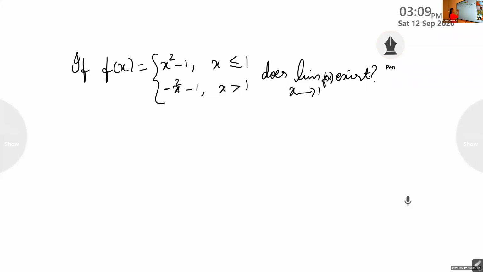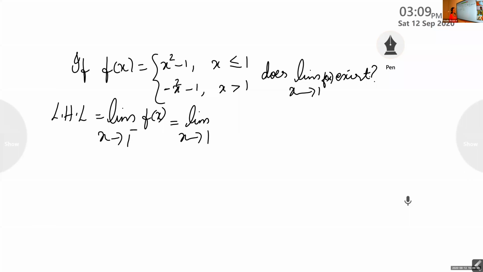So I'm going to find out the left hand limit. We can denote this as the limit as x tends to 1 minus. What does 1 minus mean? The value of x is very close to 1 but less than 1. So the limit as x tends to 1 minus of f of x. For less than 1, which case do you have to consider?